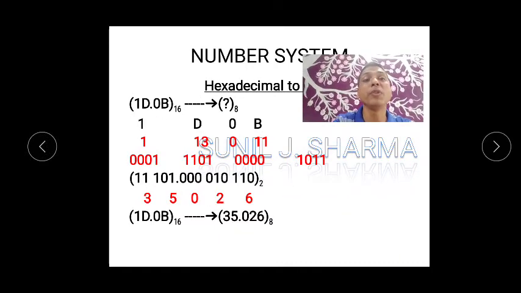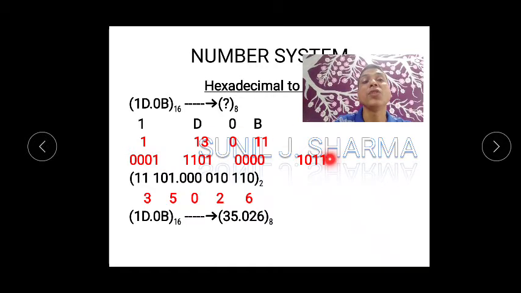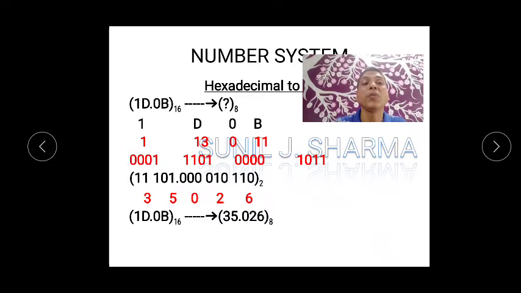Now we will definitely go with the fractional part, so 1D.0B. This is 1, this is decimal 13, and B is 11. So we have changed it to 4 bits. Now again we will make it 3 bits. So these are the 3 bits, again these are the 3 bits. We can ignore the leading zeros, that's why I have not mentioned them.